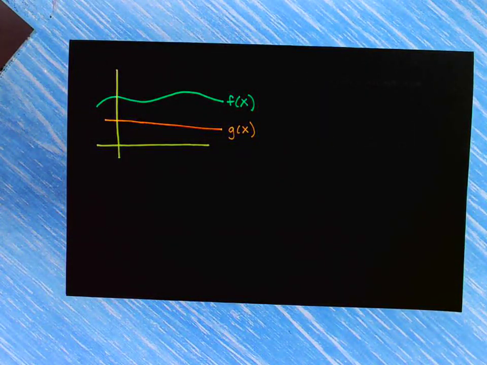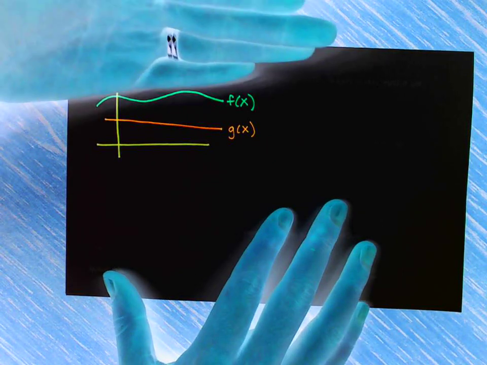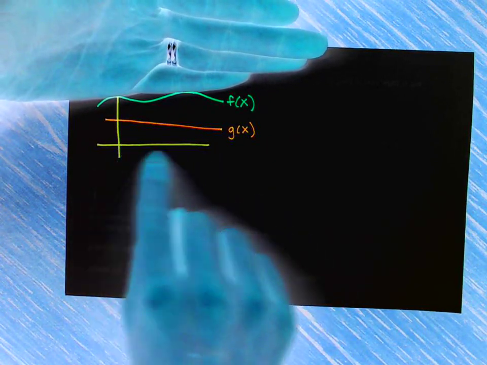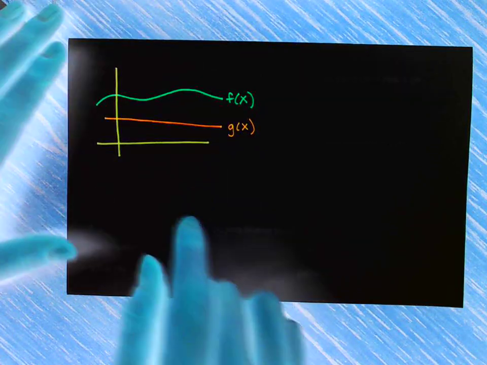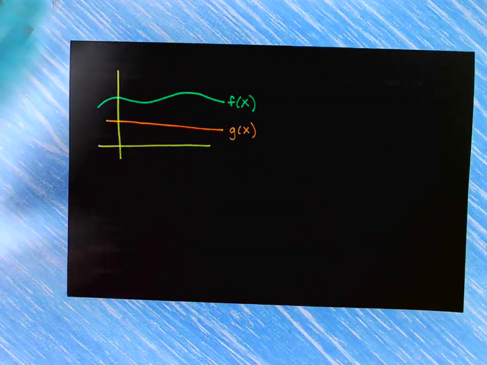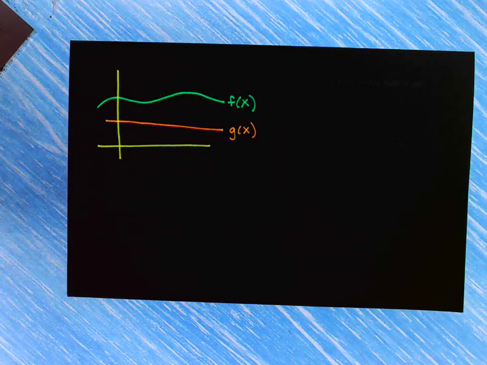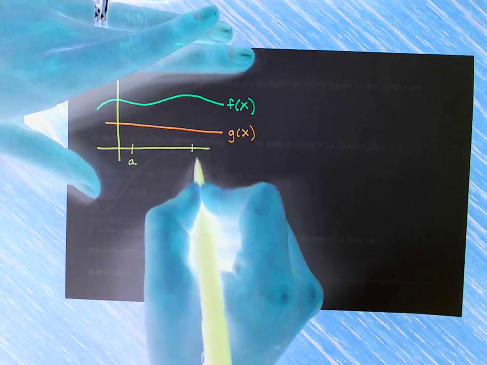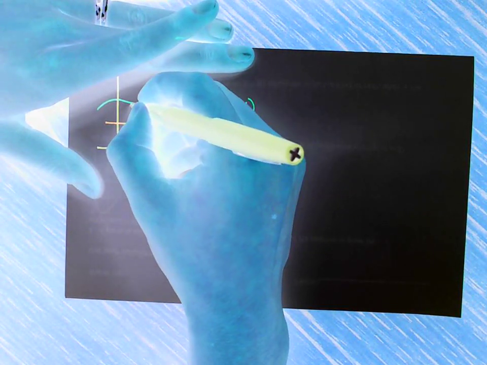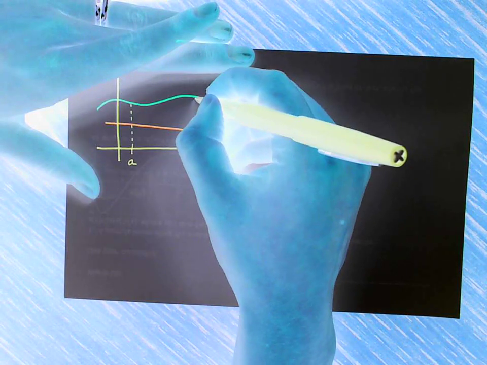Well, we know how to find the area under the curve, between f of x and the x-axis, or under the curve of g of x to the x-axis, but we want to now find the area between these two curves. If I integrate f of x between my bounds, why don't we go from a until b? So here's a, here's b.